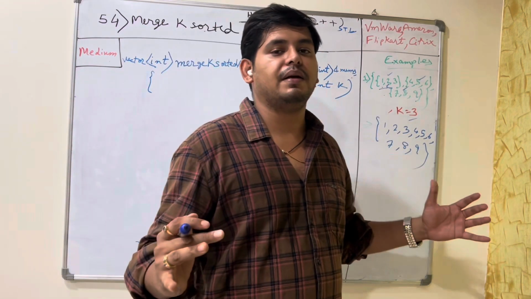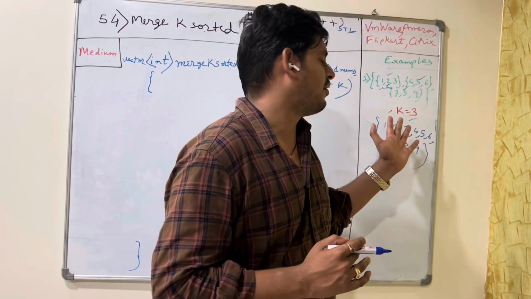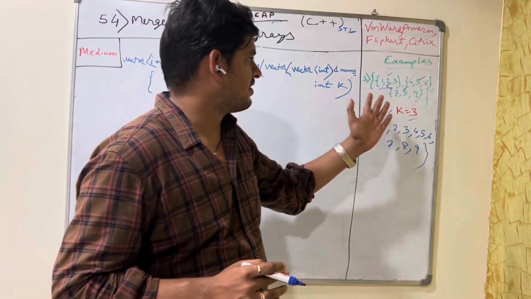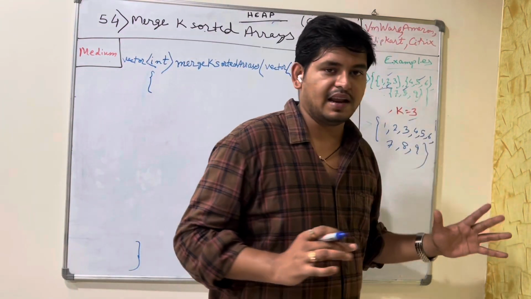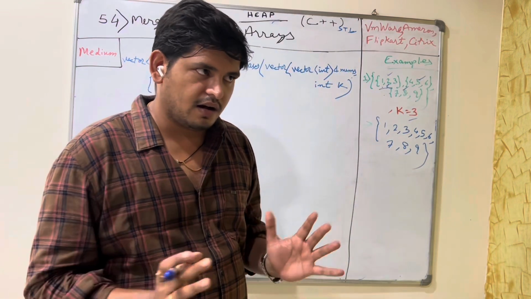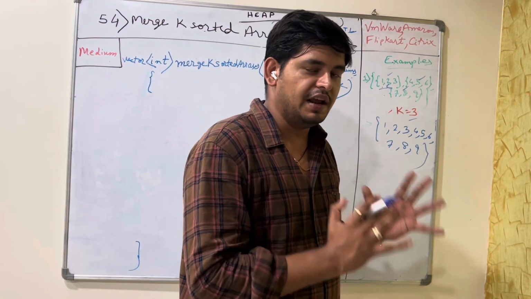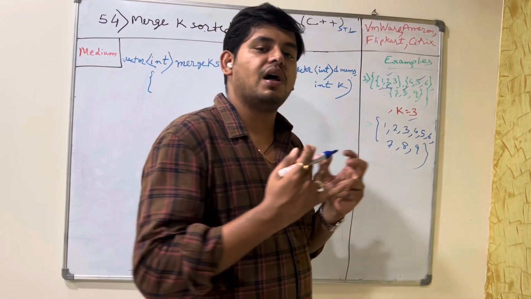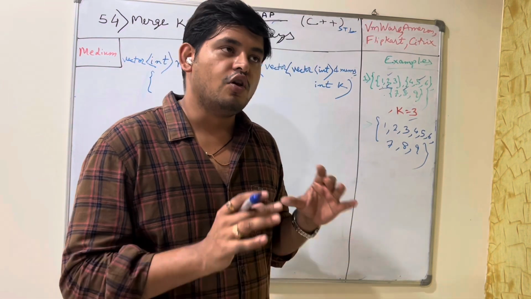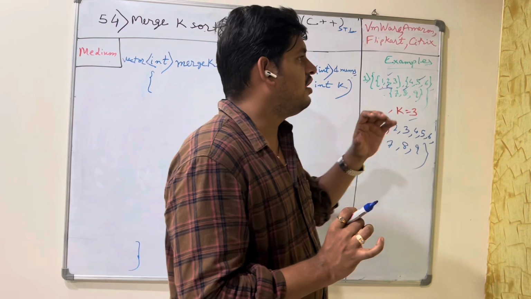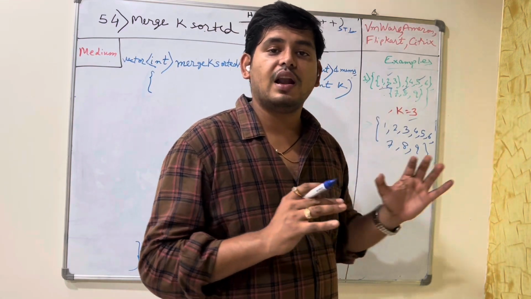It will form a heap in order of k square, whatever the traversal of the elements in the array is. But then when we take the top element of the heap, it will again heapify in log k. So log k into order of k square. So k square log k.